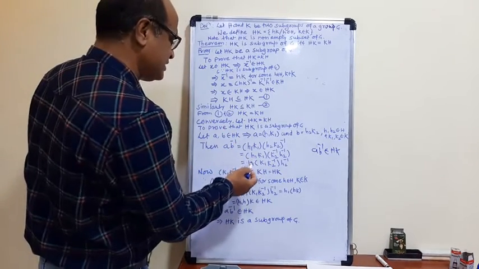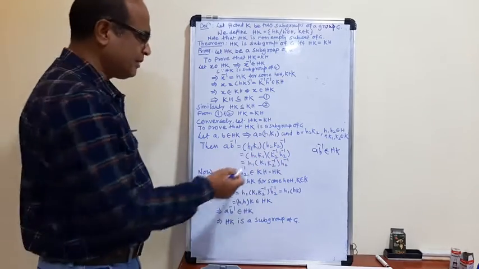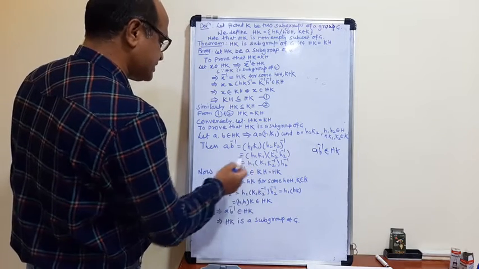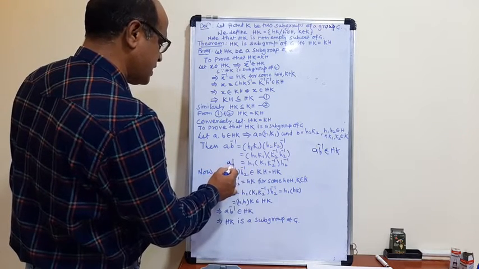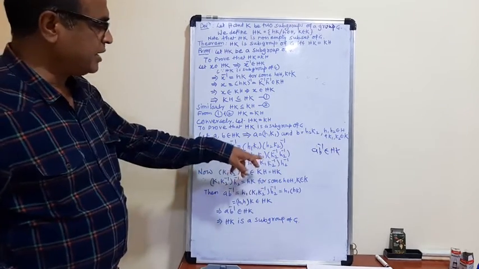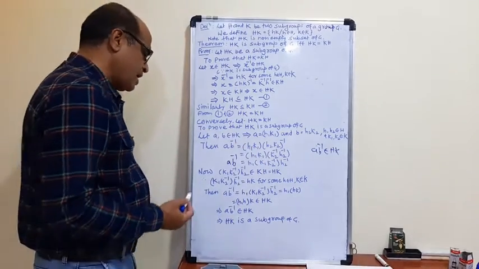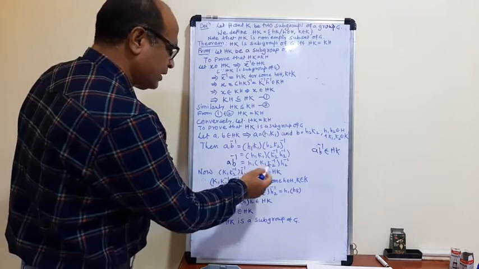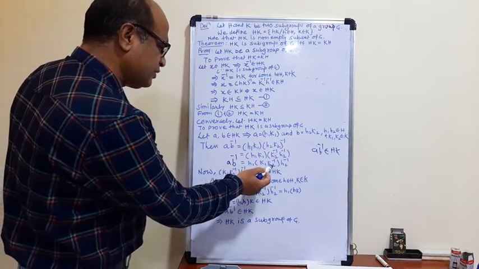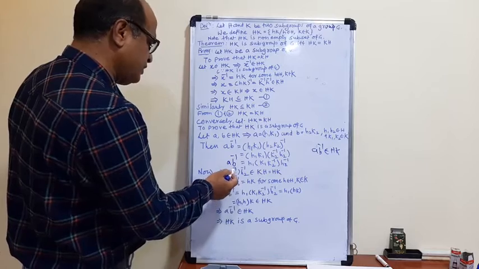By using the associativity property, AB inverse is equal to H1 into K1 K2 inverse into H2 inverse. Now we take this part only: K1 K2 inverse into H2 inverse.